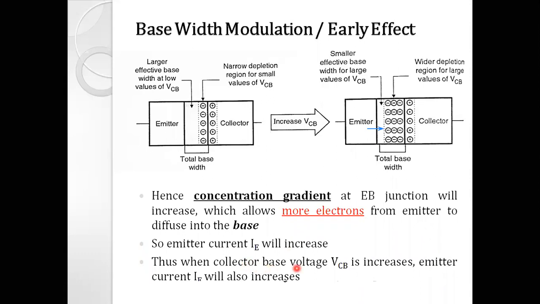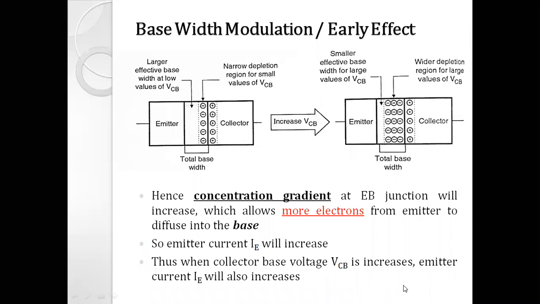Thus, when the collector base voltage VCB increases, emitter current will also increase. So the effective base width is dependent on VCB. If we decrease VCB, the width of the base region increases, and if we increase VCB, the width of the base region decreases. This phenomenon is known as the base width modulation. It is also referred to as early effect. Base width modulation means changing the width of the base region.